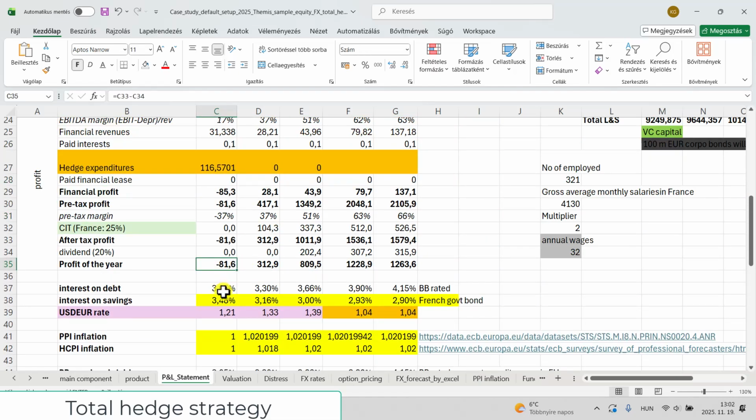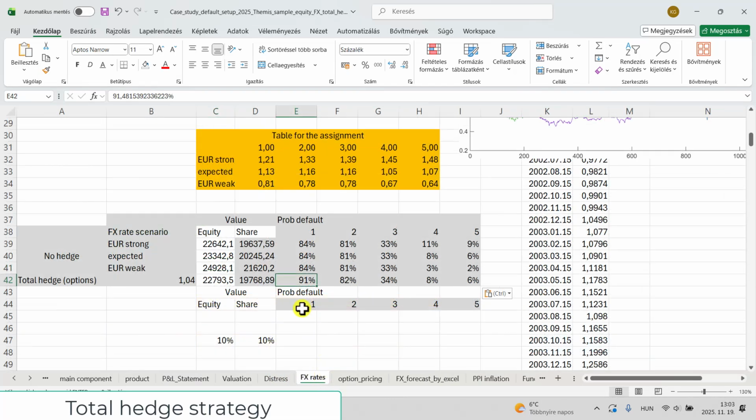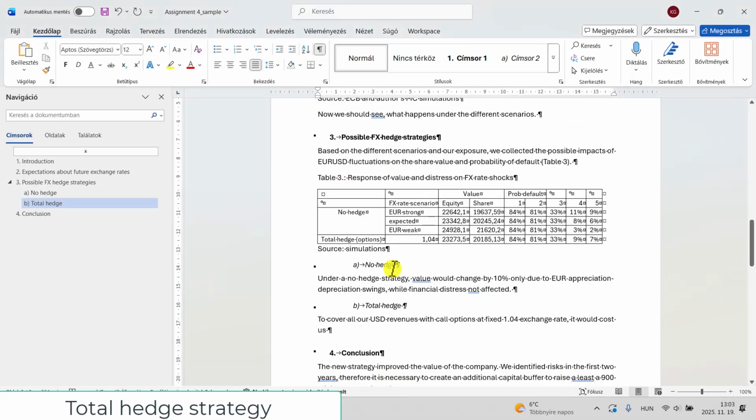Now the zero profit is far away from us, and so I've made it worse to save nothing at all. So here probability of default increased by a lot, and here it didn't decrease by anything. So what did we achieve? Nada, nothing at all. So let's update the numbers here.